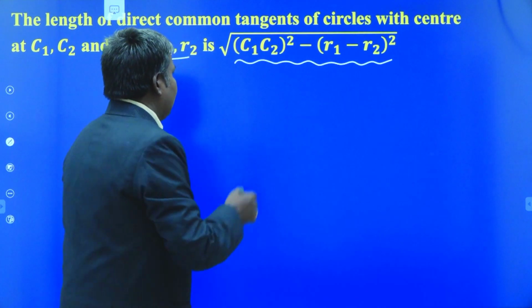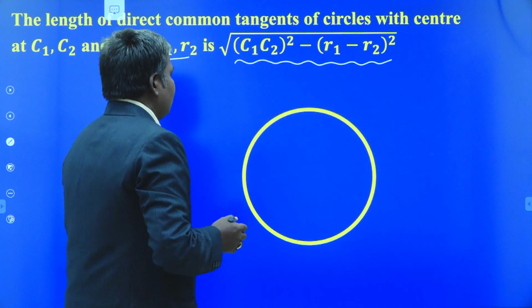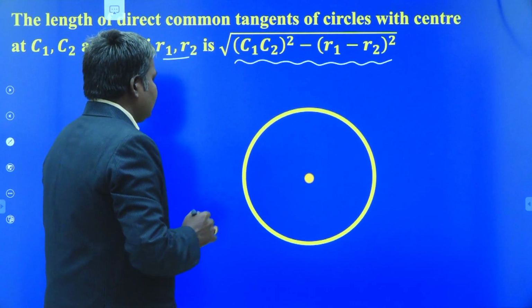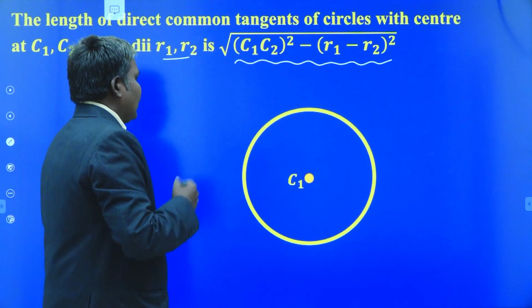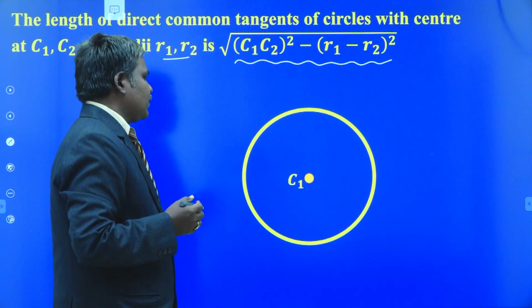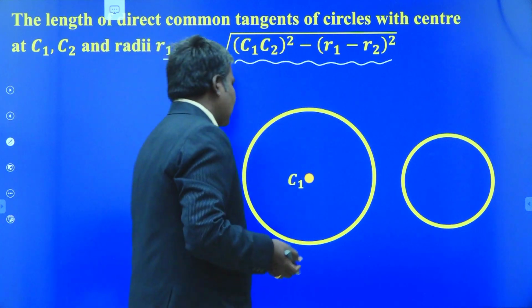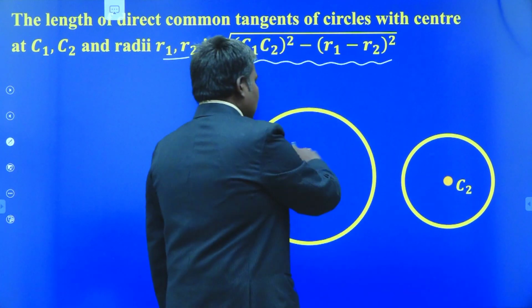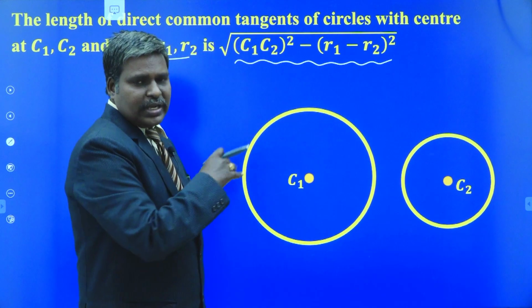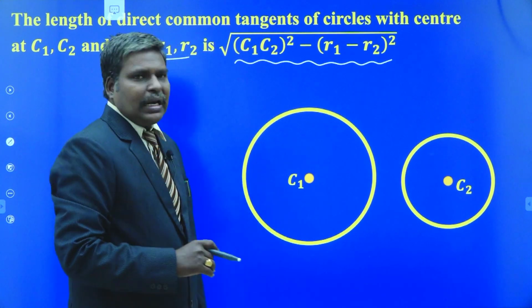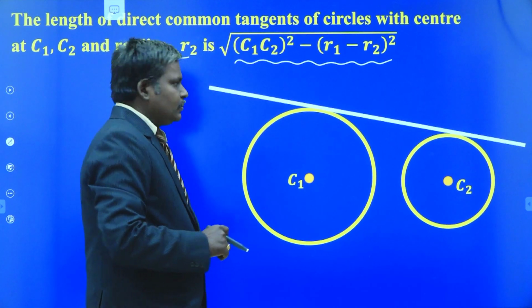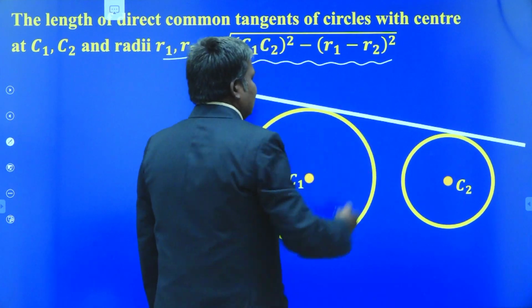Let us try to draw the corresponding figure. This is the first circle having center at C1 and radius R1. This is the center of the circle, and the radius of the circle is R1. Now this is the other circle with center at C2 as shown in this figure. These are the two circles. We have to find the length of their direct common tangent. This is the direct common tangent, on the same side of both the centers.